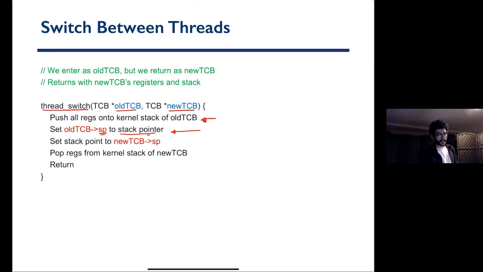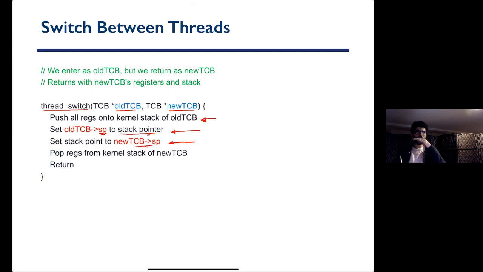Then the next step is where we switch stacks. We set the stack pointer to new TCB's SP. The new TCB's SP has the stack pointer of this new thread that we want to context switch to, and we set the SP to point to that address.